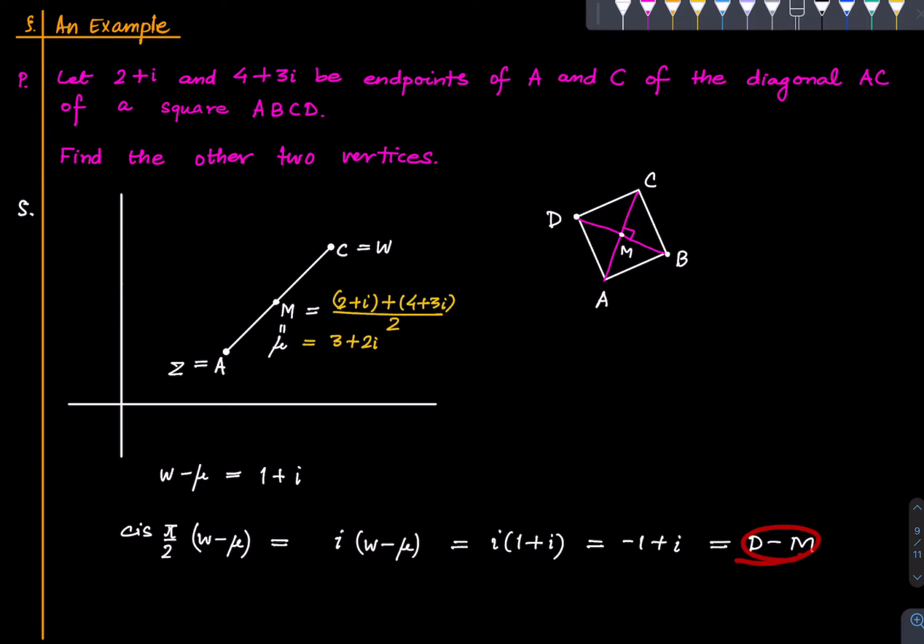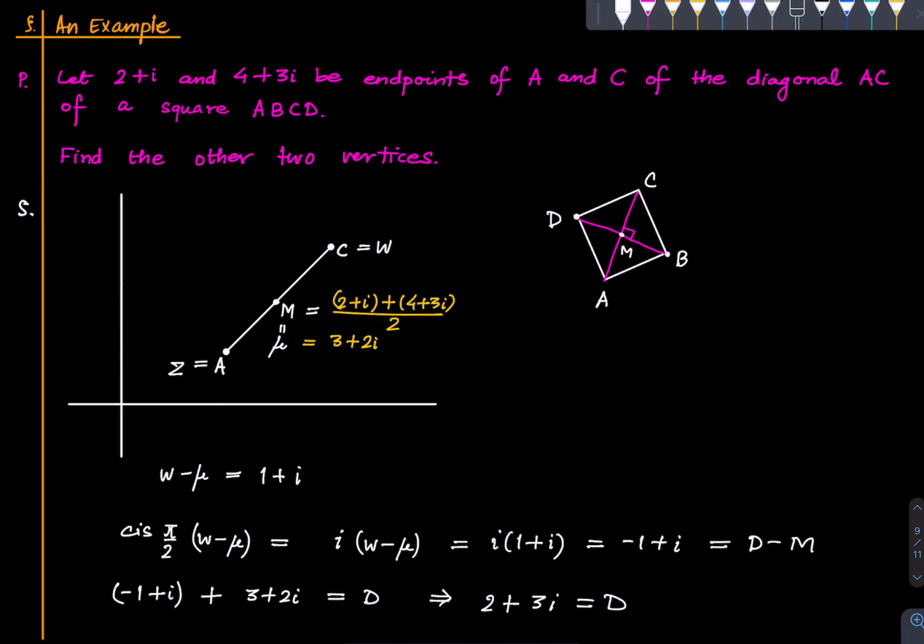So if we know D minus M and we know M, then we can find D. Basically, we just add D minus M with M. Therefore, minus 1 plus I, which is D minus M, plus 3 plus 2I is equal to D, which implies 2 plus 3I equals D. Right?